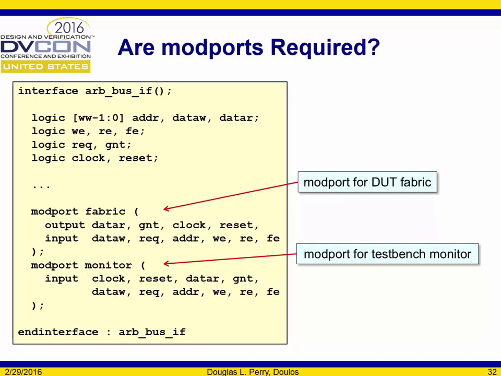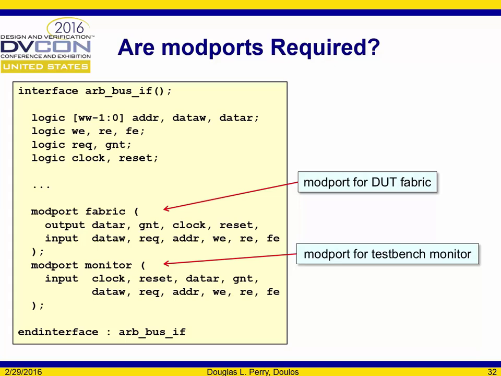Another confusing thing is that, again, the driver and the DUT talk through interfaces, right? So you'll use basically an interface which specifies what are all the signals that go between the driver and the DUT. And in a lot of cases, you use mod ports. So there's maybe a mod port for monitor here, that this monitor component of a particular agent is using.